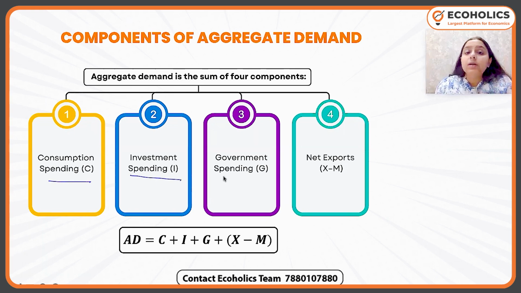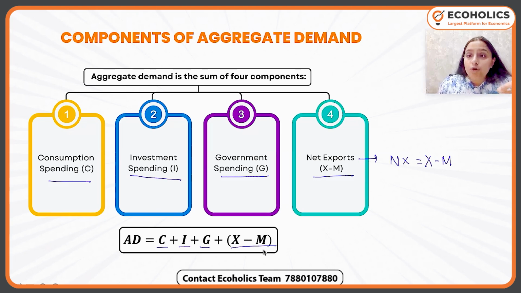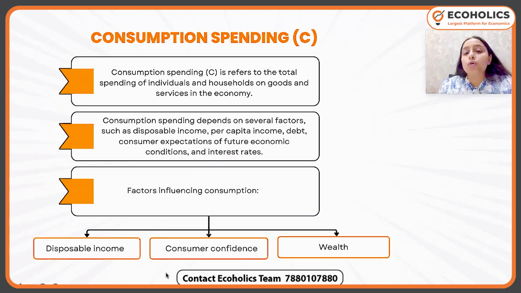Third, government spending, the consumption expenditure done by government. And fourth, net exports. So the aggregate demand is equal to C plus I plus G plus NX, where net exports NX is equal to exports minus imports. Now we are going to discuss these four components in detail.